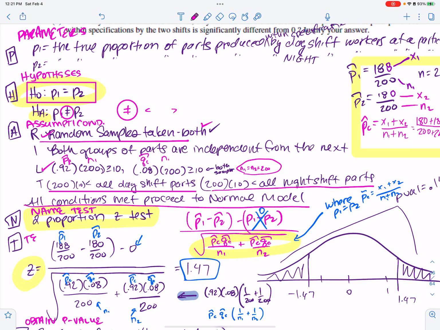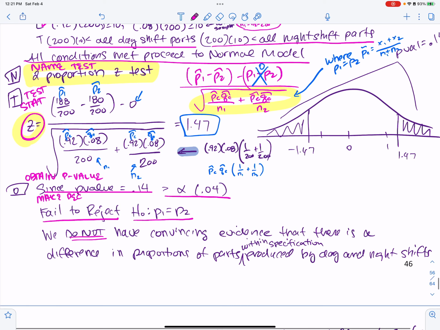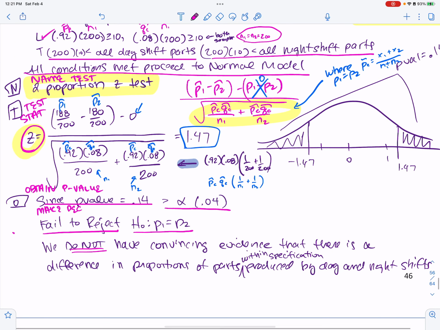T stands for test statistic, and your test statistic you're finding is Z. O stands for obtain the p-value. It looks like I lost some of my letters. M stands for make a decision, and S stands for state conclusion in context.